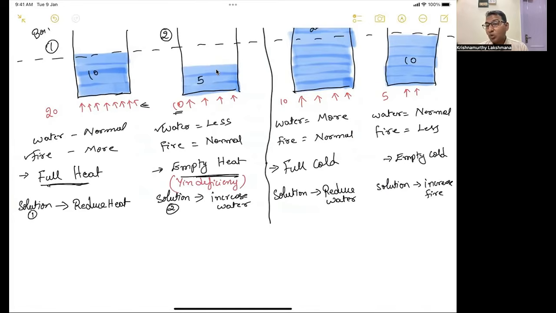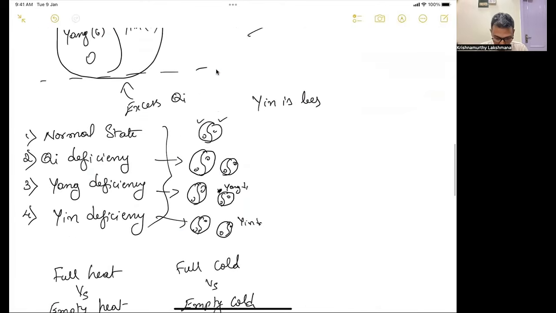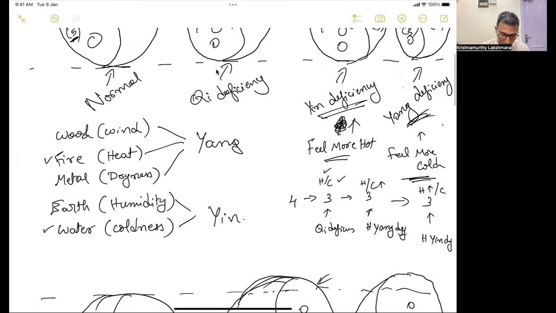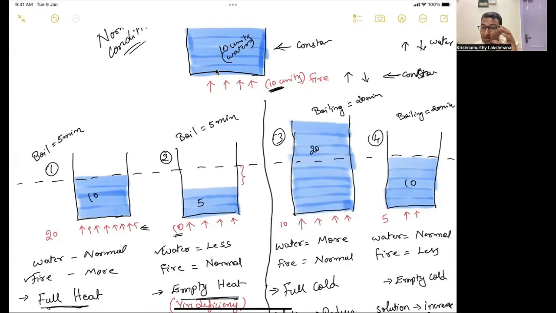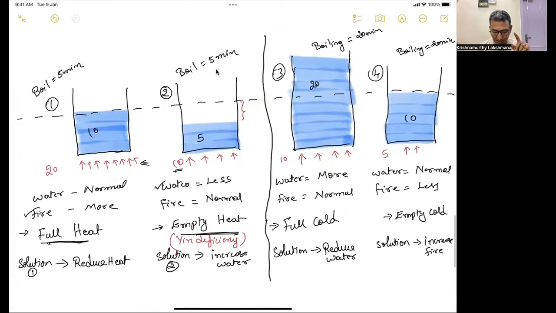Okay, Yin is what? Water. Water and earth, humidity. So in this example, Yin is water. So in this situation, what is less? The water is less. So the Yin is less. So we call this Yin deficiency.